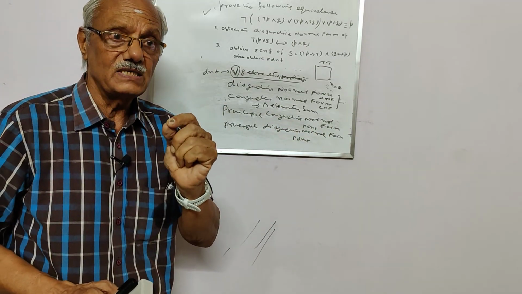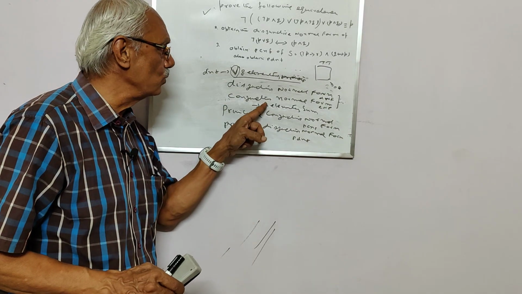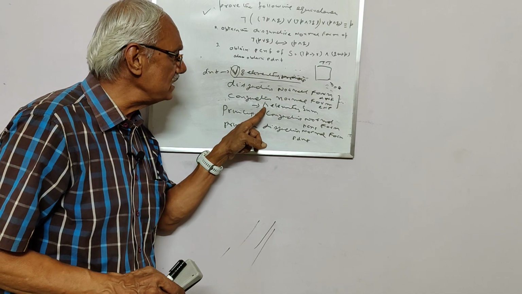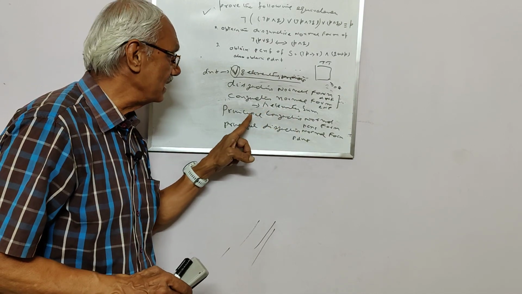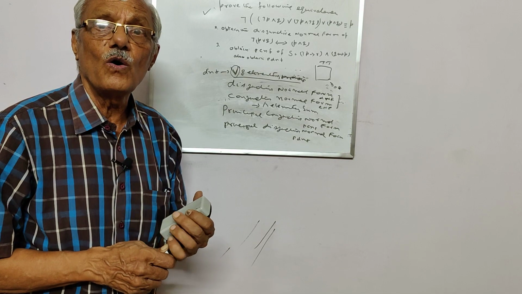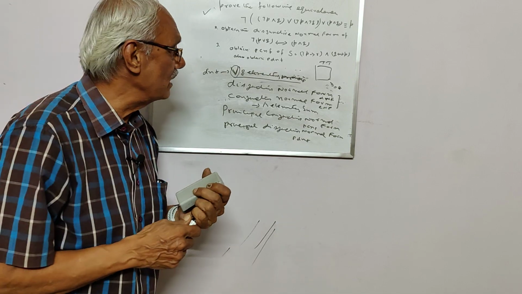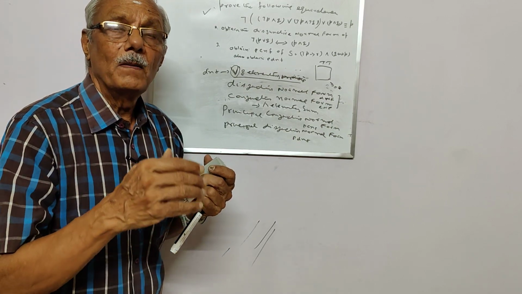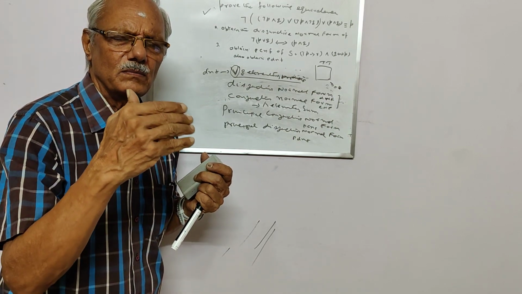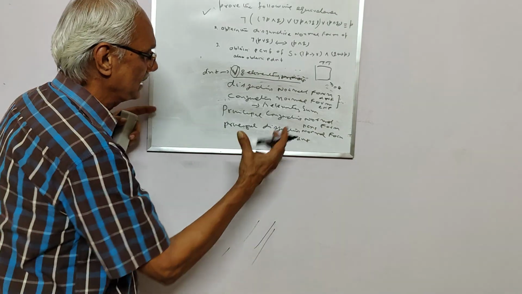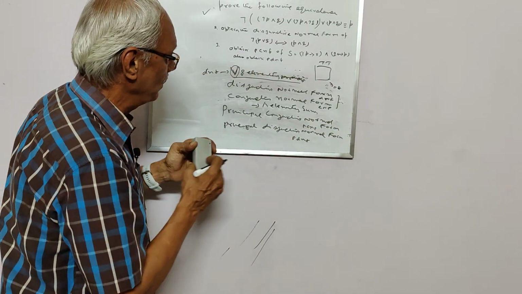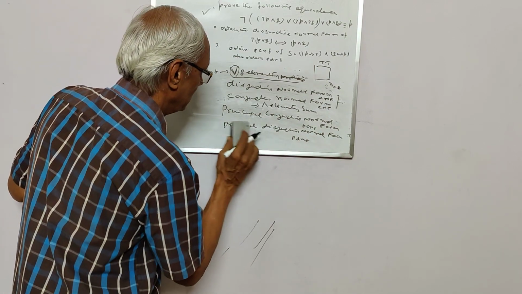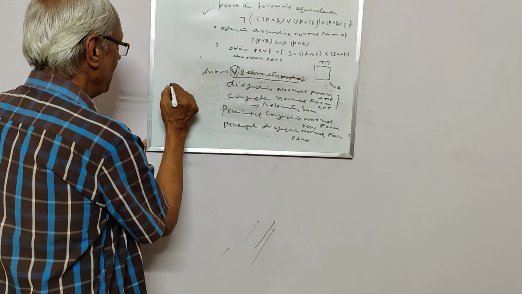The only difference between these two expressions is that in this case it is a conjunction of elementary sums, but in this case it is a conjunction of the canonical maximum terms. I will write that. See, here I have not mentioned it.